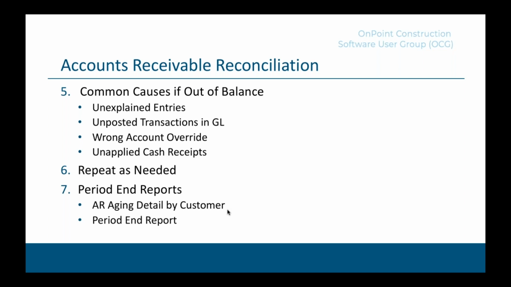When you're entering an invoice, it comes up with the GL accounts that it's supposed to use, whether from the job, from the AR or the receivable, or the retainage account. And if somebody changes those, then that would make you not balance.